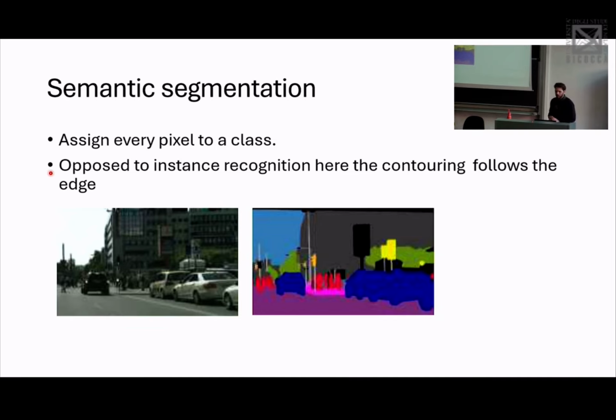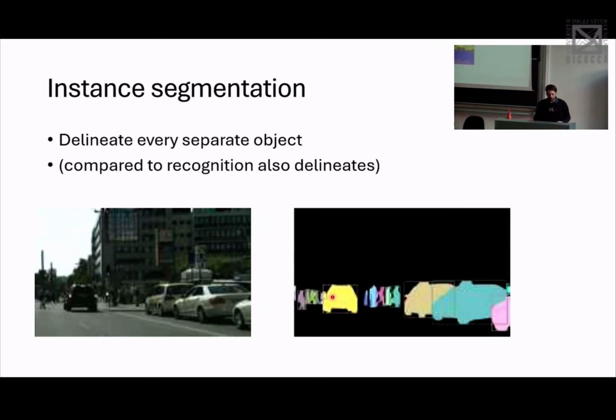That's opposed to instance recognition, because here the contouring follows the edge, while before you just drew a bounding box. We have instance segmentation, where instead we want to delineate every separate object.